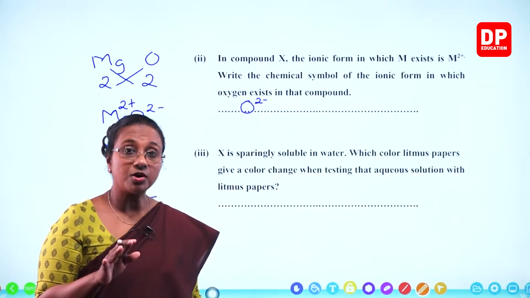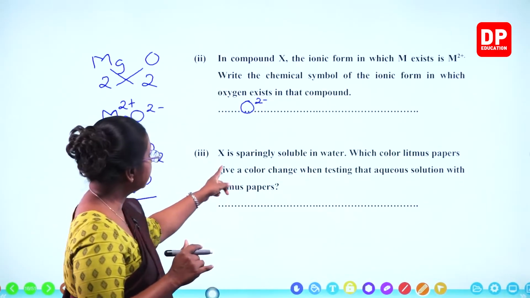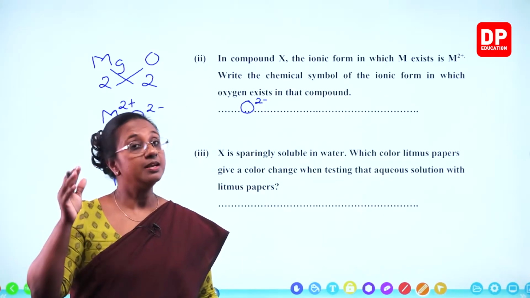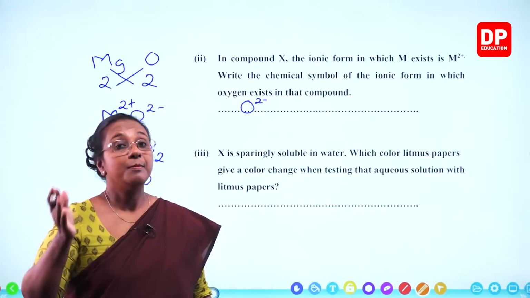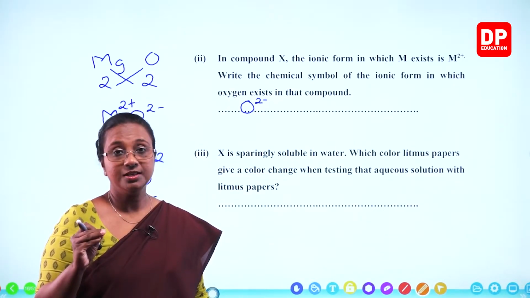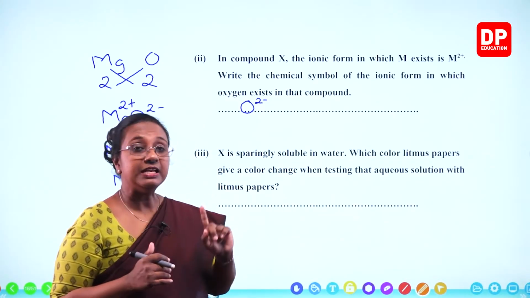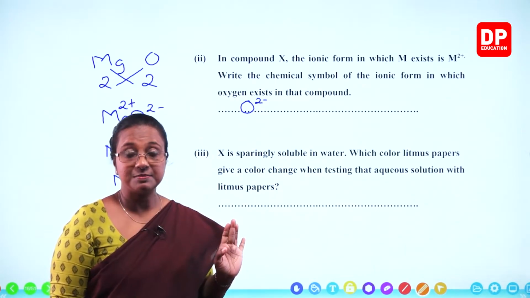But magnesium oxide is a weak base. And this is sparingly soluble in water. Now sodium oxide dissolves very well in water to form sodium hydroxide. But magnesium oxide dissolves slightly in water. That is why they say sparingly soluble in water, and it forms magnesium hydroxide, that is also a basic substance.